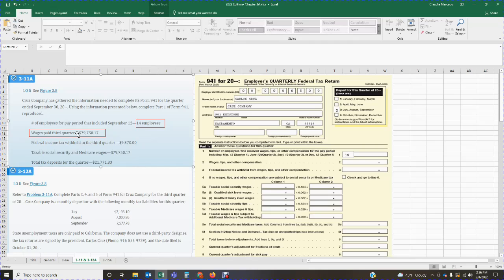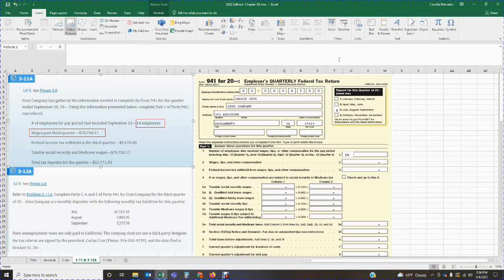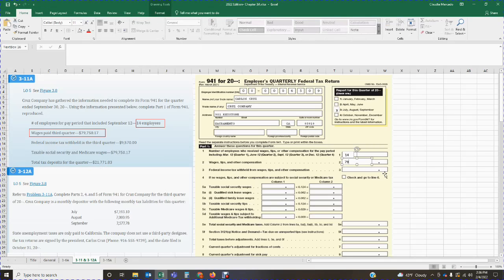If tips were included, tips would have to be in a separate line item. They're never combined. So they need to be able to differentiate the wages and the tips. In this problem, we don't have any tips, only wages. Okay? So for line number 2, we're going to go ahead and we're going to enter that amount right there, which is the 79,750.17. Okay?